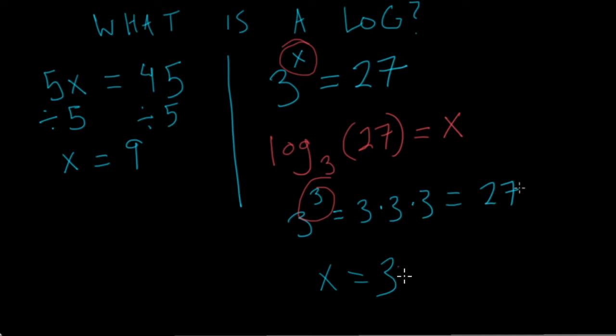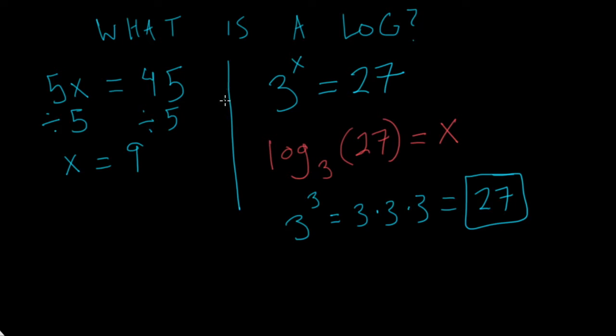Which means log base 3 of 27 is equal to 3. So a log is simply the reverse of an exponent, and that's really the easiest way to understand it.